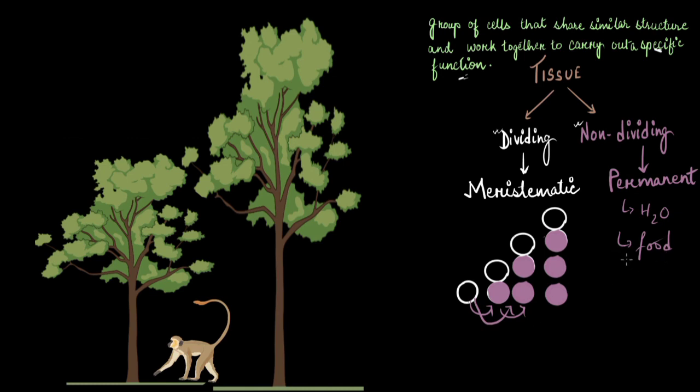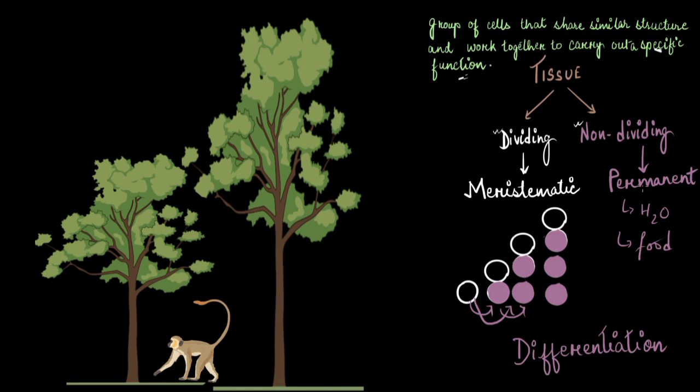And this process of formation of specialized tissues from meristematic tissue is called differentiation. Now you will come across this term a number of times in biology. Every time there is this specialization happening, it will be termed as differentiation.